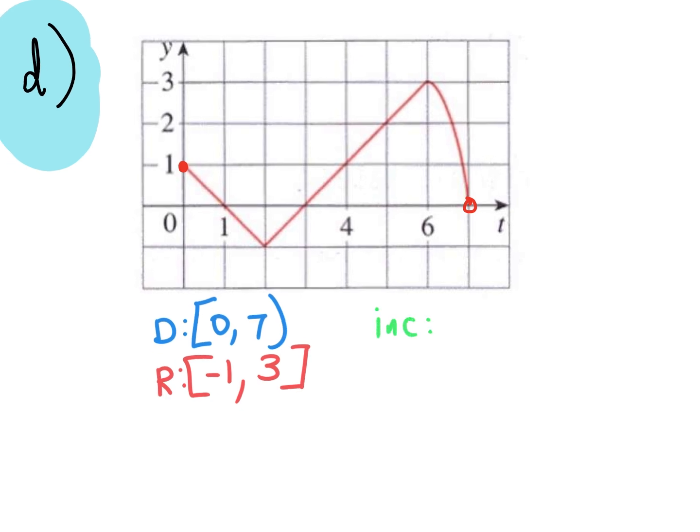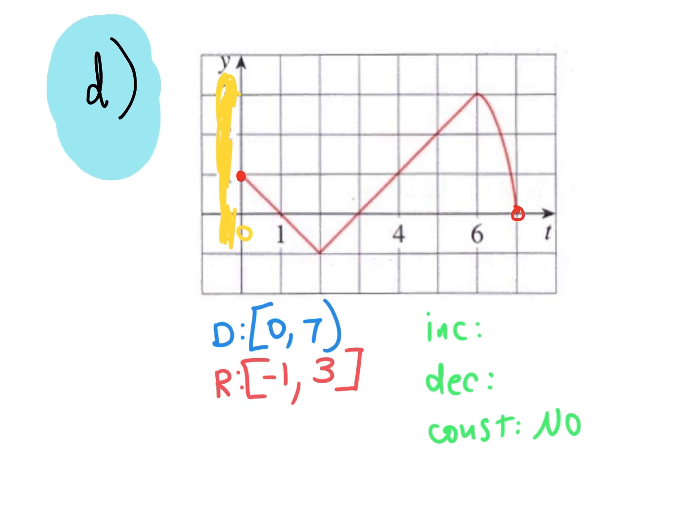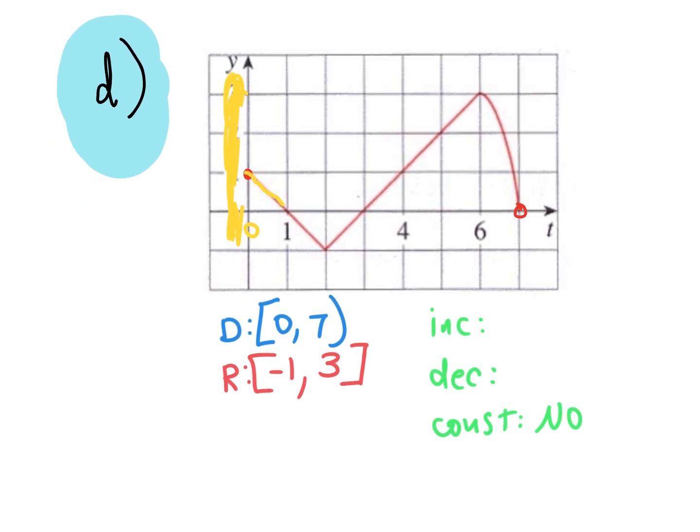Increase, decrease, and constant. What can I say right off the bat? No constant. So remember, we're reading on the x-axis. So cross off the y. We don't care about that. Just on the x-axis. When I look from left to right, what is my graph doing at the beginning?